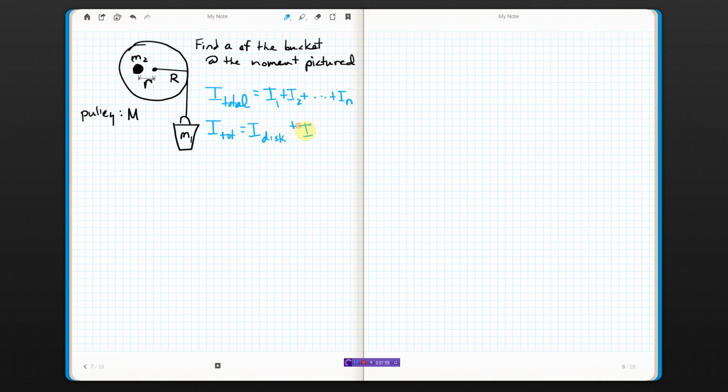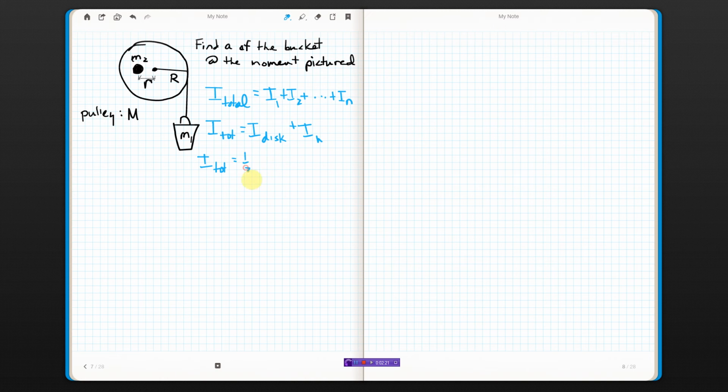plus the handle right here, I don't even know what to call it, the handle. H is for handle, everybody. Okay, I might as well put those in now.